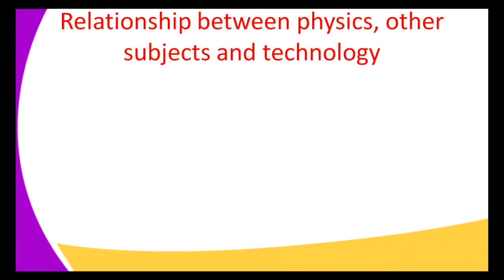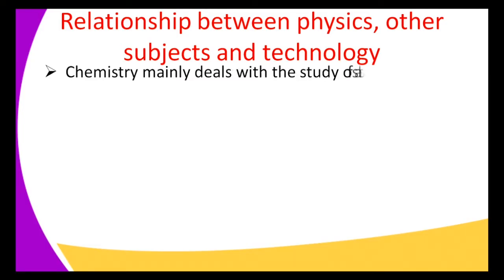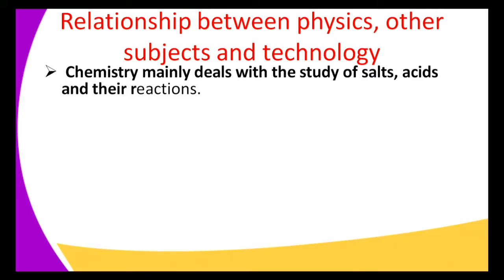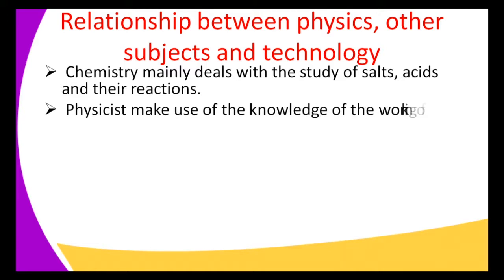Something that we have to note is that chemistry mainly deals with the study of salts, acids, and their reactions. Chemistry deals with the production and preparation of salts and acids, and how these reactions take place. Another thing to note is that physicists make use of the knowledge of the working of chemical cells.